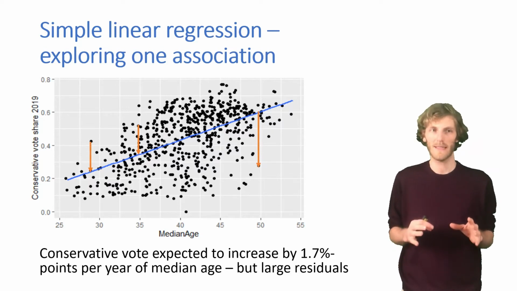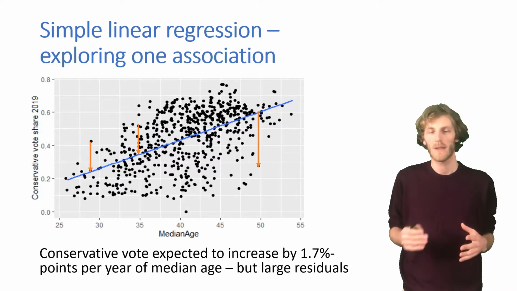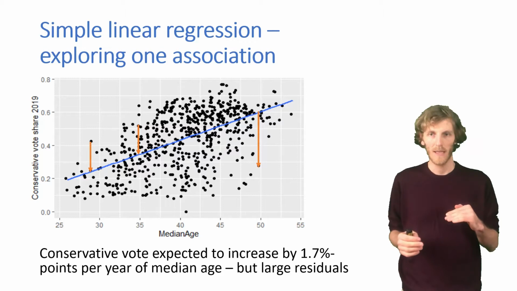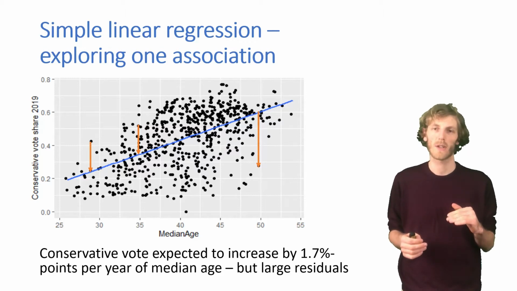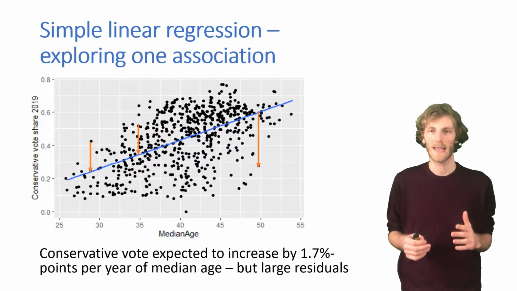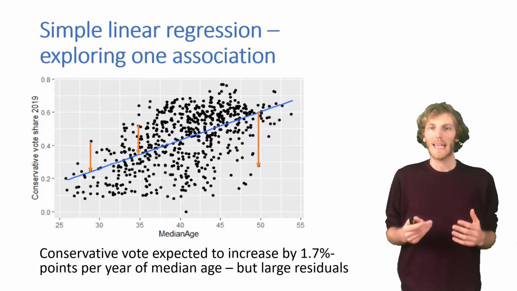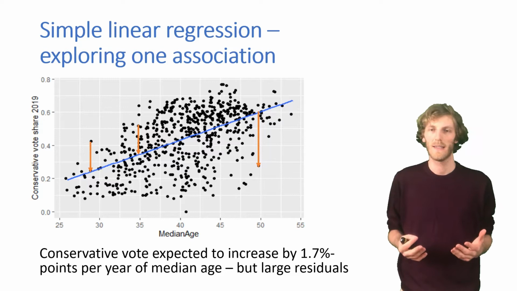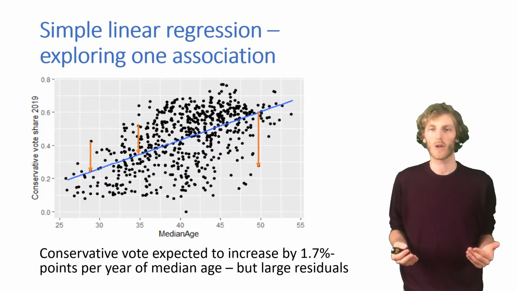Still, in spite of all these deviations, we can say that on average, for each year in additional life expectancy, the expected conservative vote share goes up by 1.7%. And taking the result of that as our estimation will be better than just expecting all constituencies to vote the same.